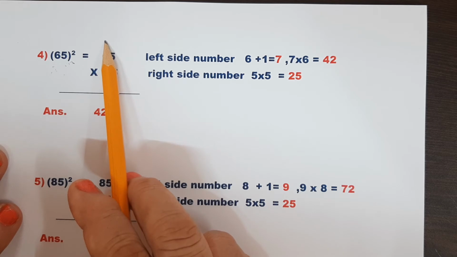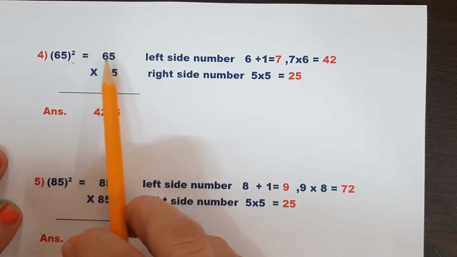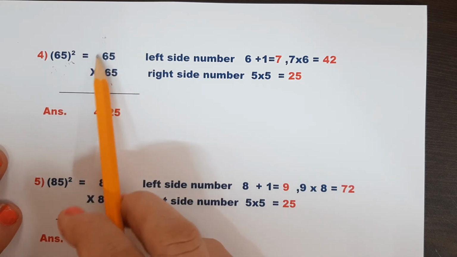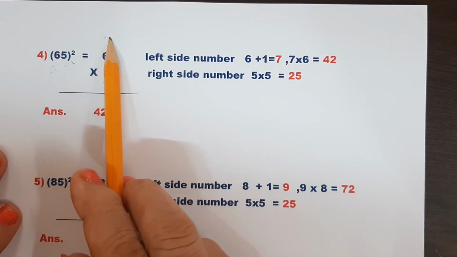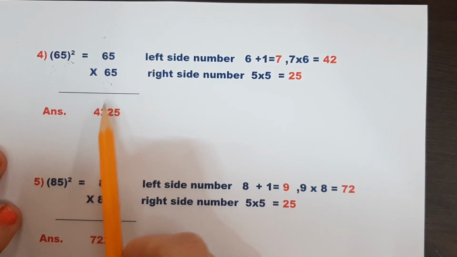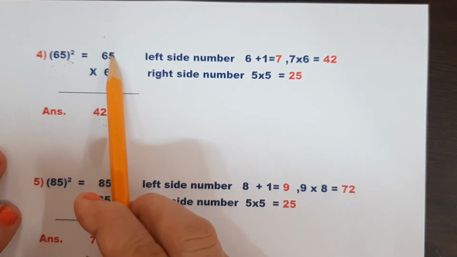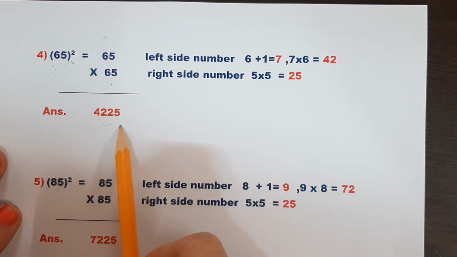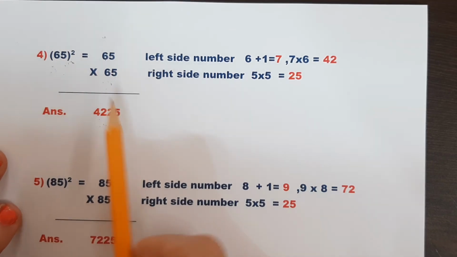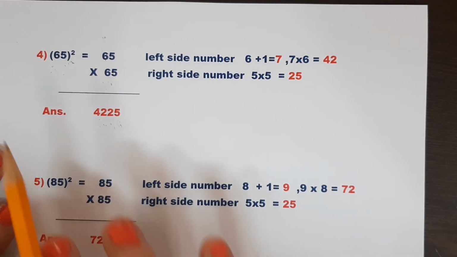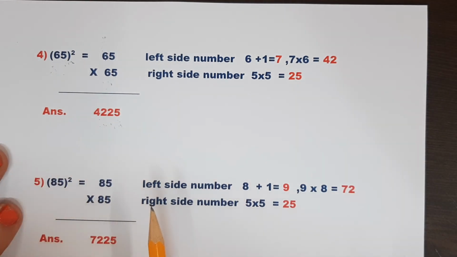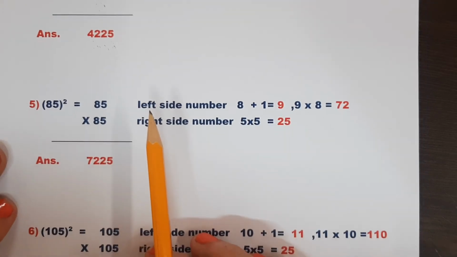You have to add 1, right? So 6 plus 1 is 7. 7 multiplied by 6 is 42. And 5 multiplied by 5 is 25. Make sure that the right hand side figure will be 25. It is always going to be 25, nothing else, because the end of the figure is 5. Then we will go further.